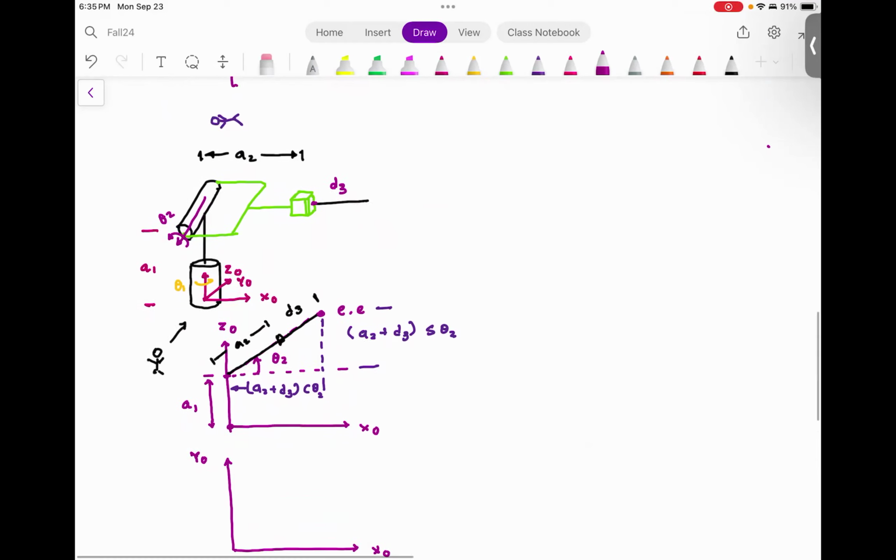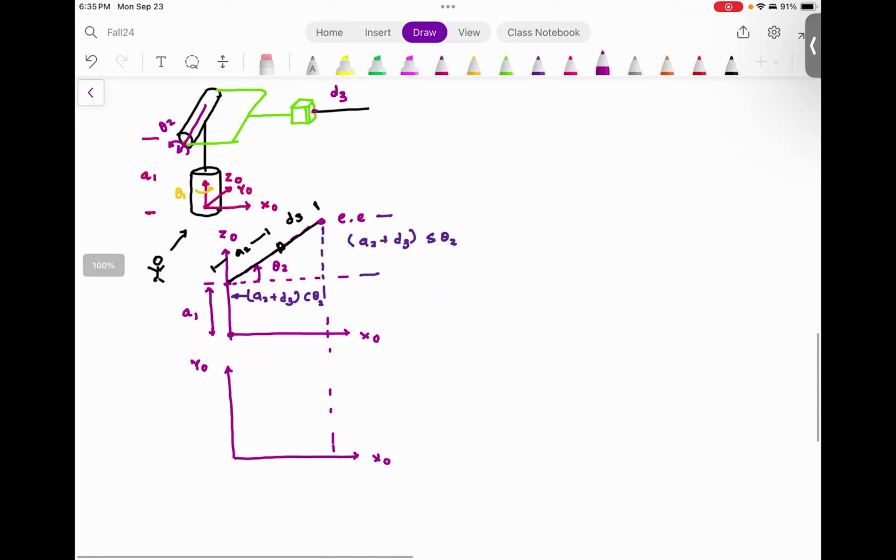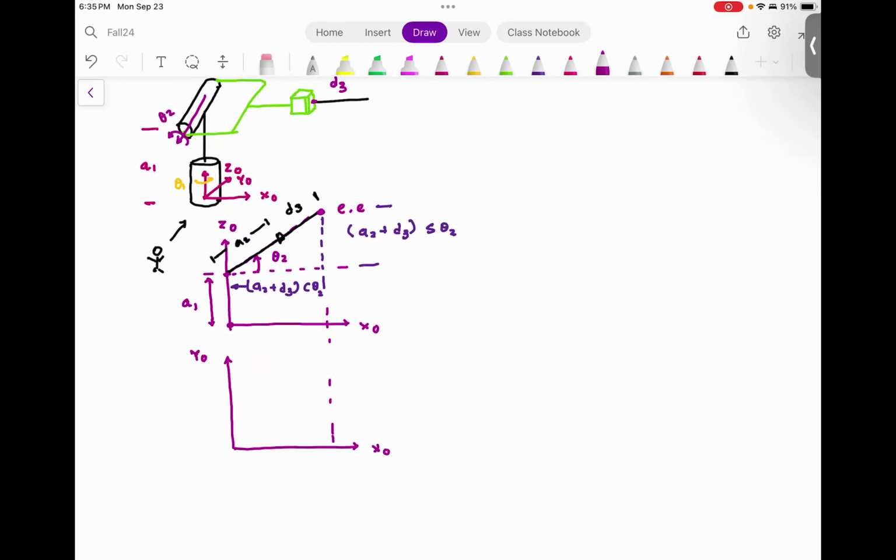You agree with me? Once you look from top, you are going to see the projection. This is extremely important. I want you to understand. When your theta 1 is 0, you would see this projection something like this, which would be A2 plus D3 cosine theta 2.